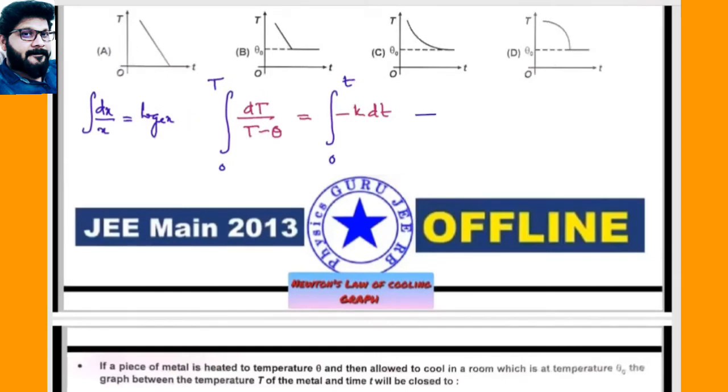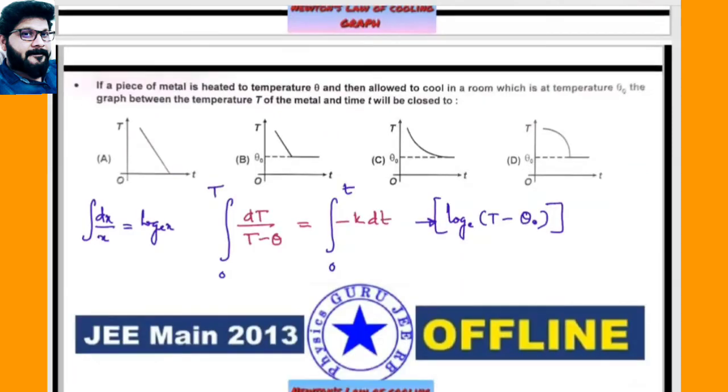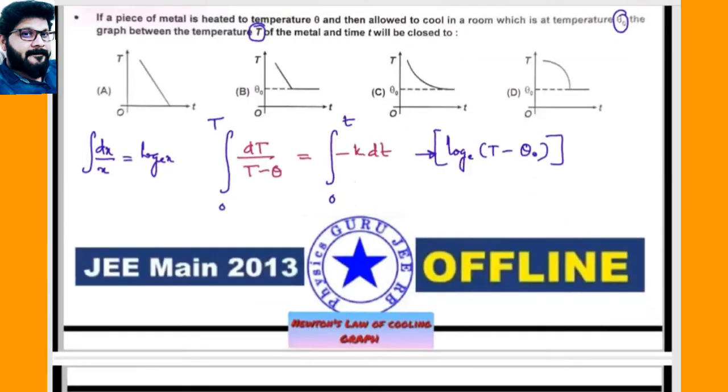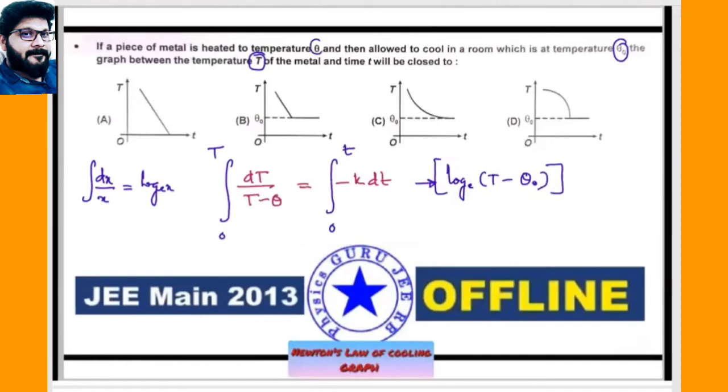Now I can write this as log of T minus theta naught. So limits are to be applied; once you check out the question, theta to capital T, lower limit and upper limit.